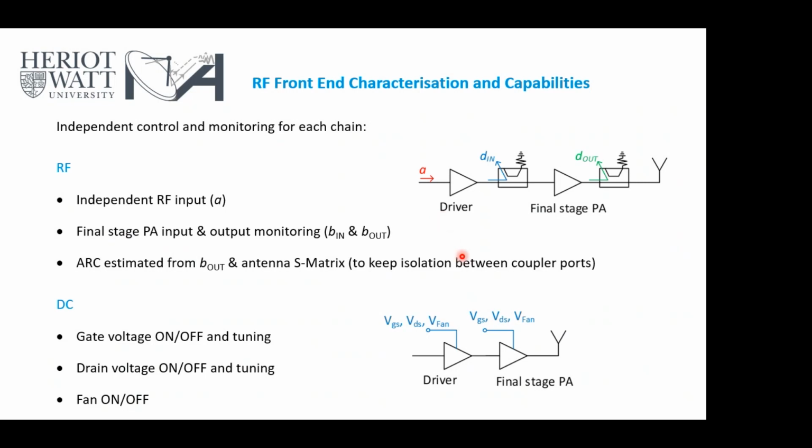For the DC parts, for driver and final stage PA, we have the DC control separately for the gate, drain, and also the bias sink. Especially here for the gate voltage, we added a variable resistor, so that enables gate voltage tuning.